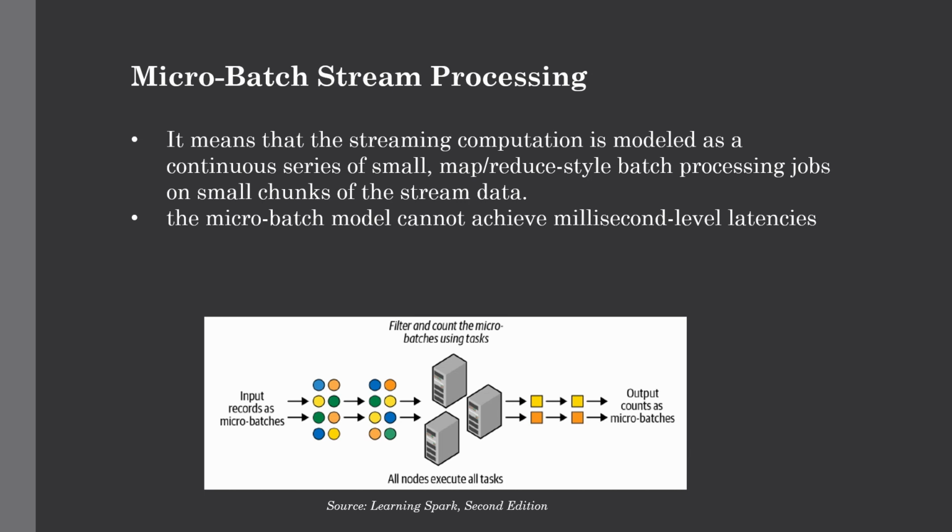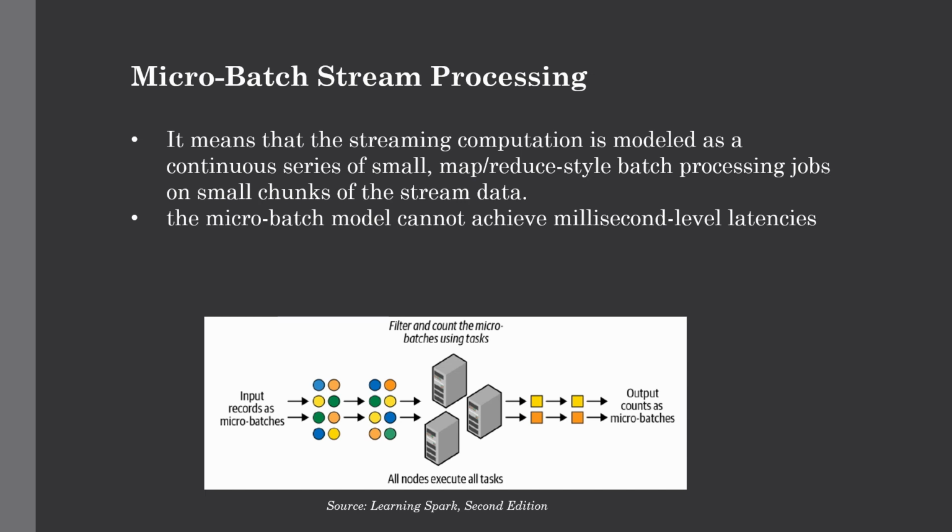These jobs are similar to MapReduce jobs. So we have chunks of streaming data, and those chunks are processed in real time on your distributed cluster by using small jobs. This is batch processing only, but it is done on smaller chunks of data rather than the big chunks we have seen in traditional batch processing.